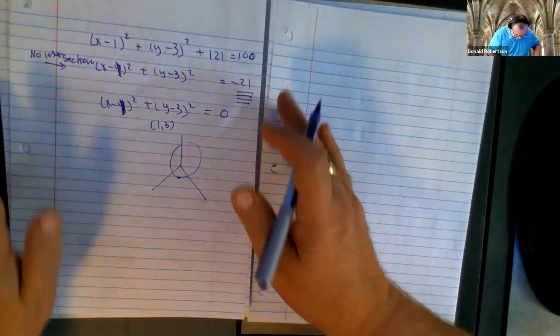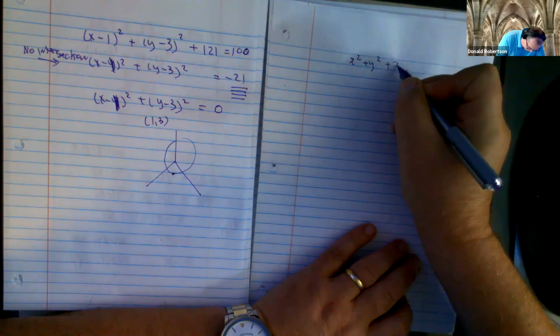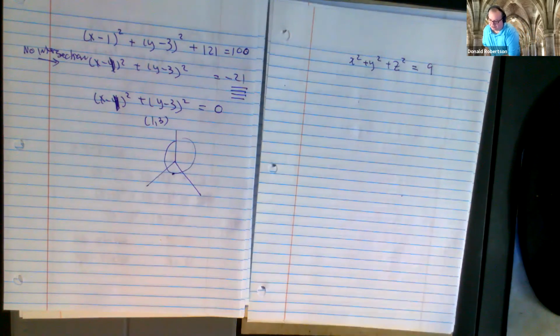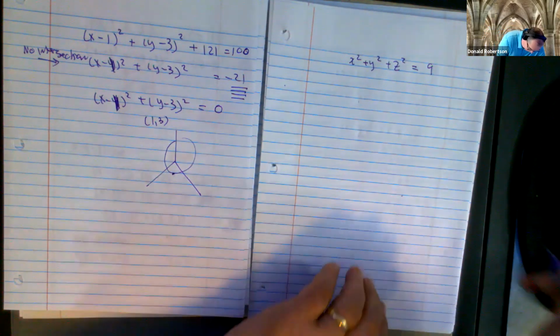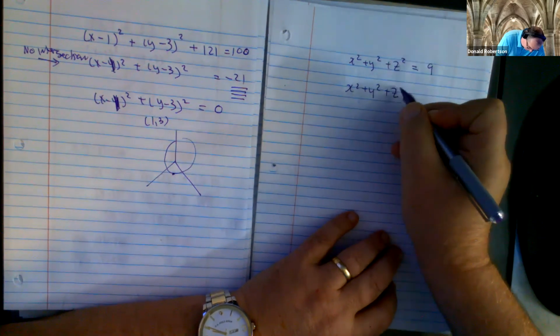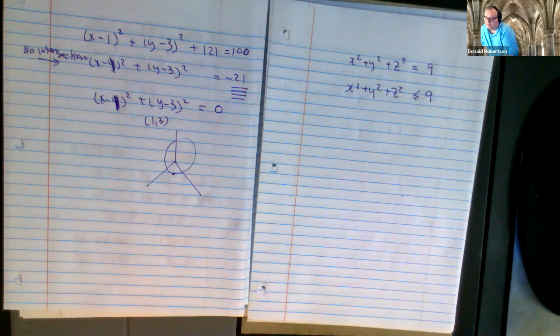So to finish with, let's show you some inequalities. And I'm going to pick the simplest ones I can think of. Would you agree that's the surface of a sphere of radius 3? What does that represent?